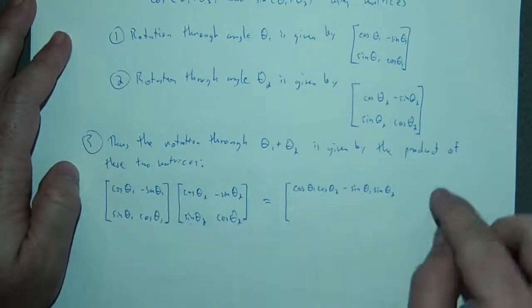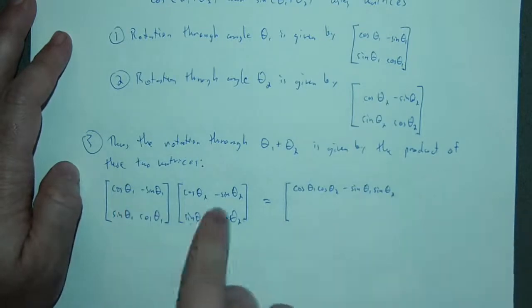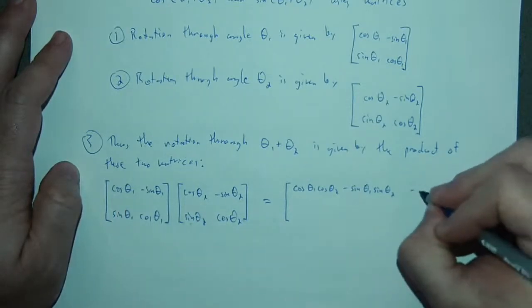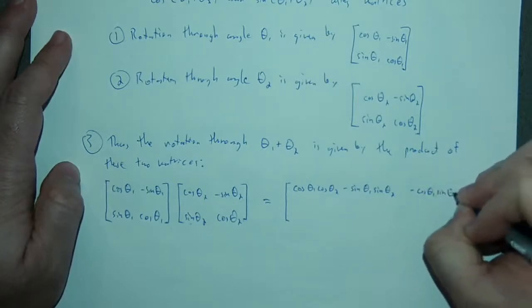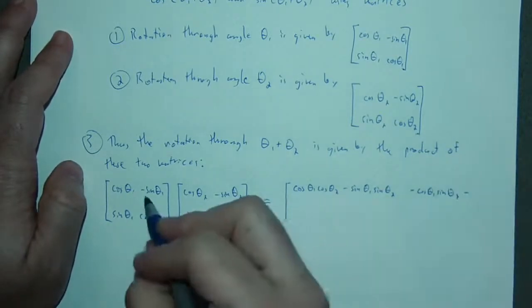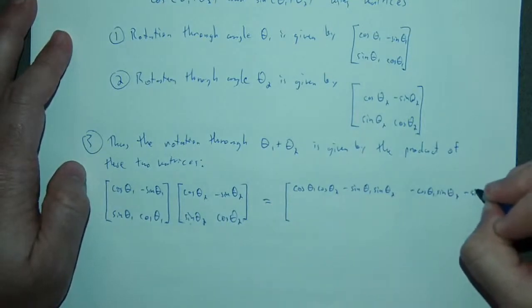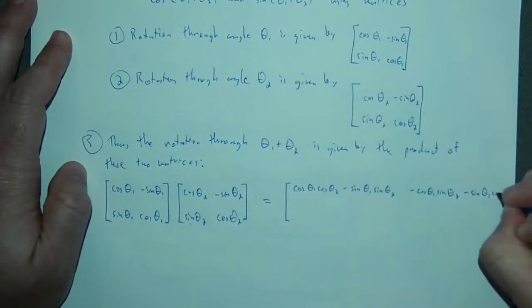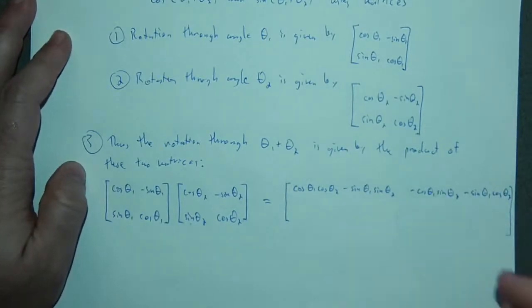In the first row, second column slot, this would be minus cosine theta sub 1 sine theta sub 2 plus, which would also be minus sine theta sub 1 times cosine theta sub 2. Okay, so that's our first row of that matrix.